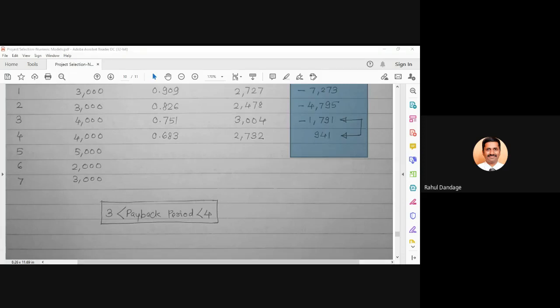So in the simple payback period method, the payback period was only year 3 or 3 years. But when we go for the discounted payback period method, we come to know that the investment is not actually getting repaid in 3 years, but in a period more than 3 years and less than 4 years.